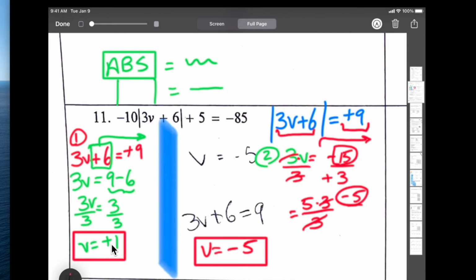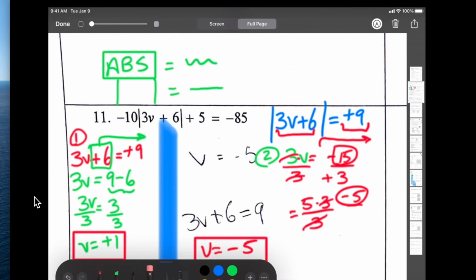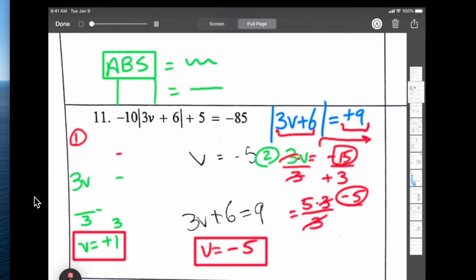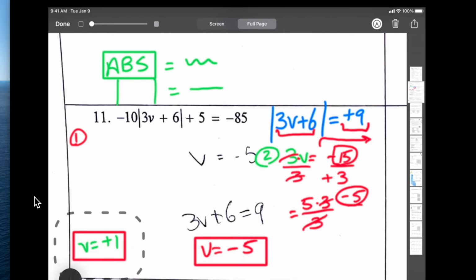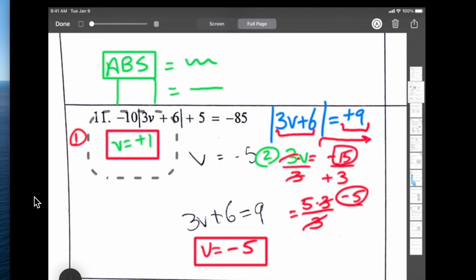We take v equals positive 1 and we plug it into the original equation. Let's do that. If v equals positive 1, what do we have?